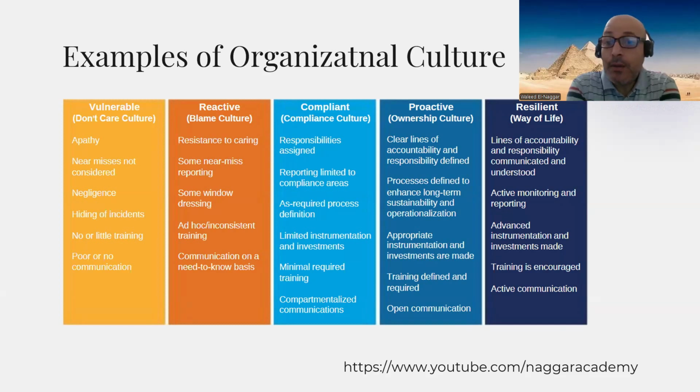Nobody cares. Or the reactive culture. When something goes wrong, we have to react. We wake up and start reacting. We have the compliance culture, the organization that watches for the law, for the regulation, and we have to make sure that we are compliant with all laws and all regulation and our policies.